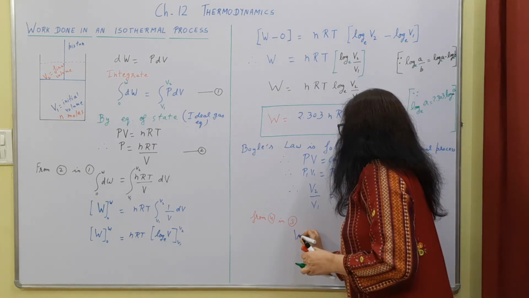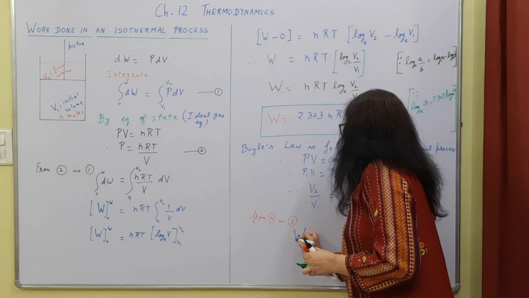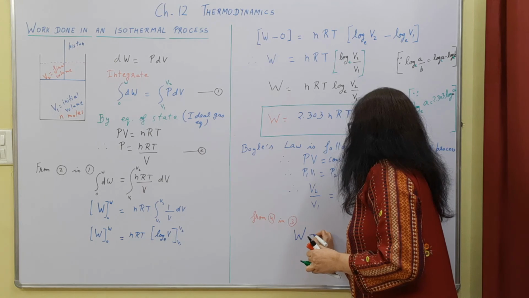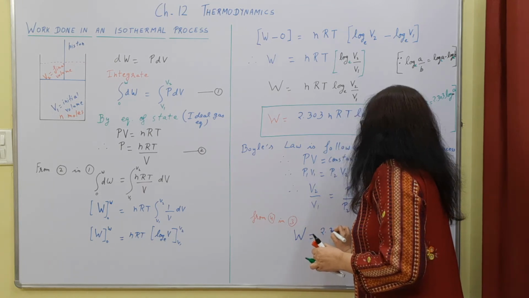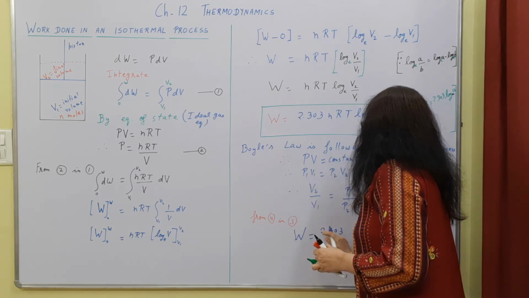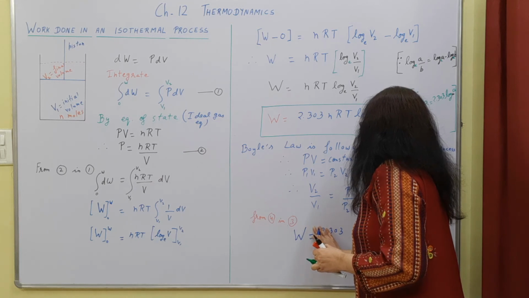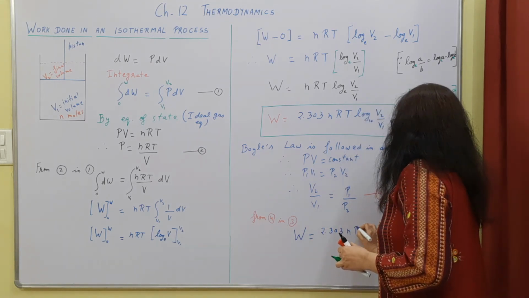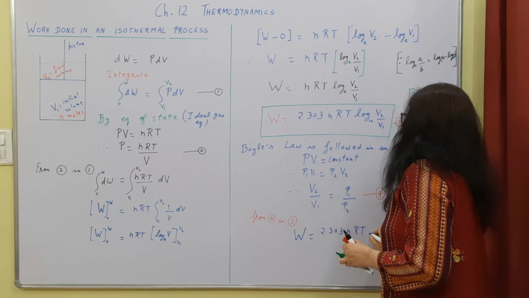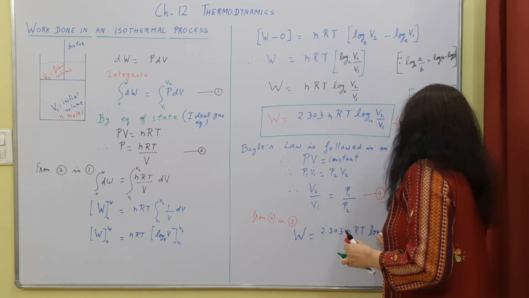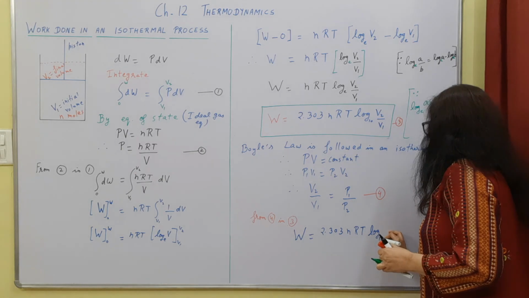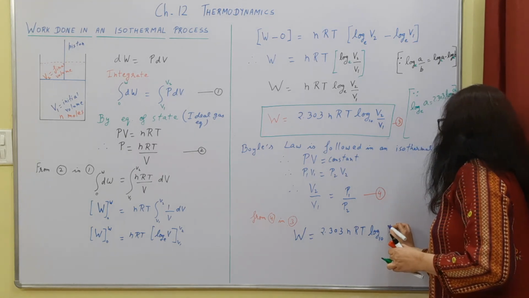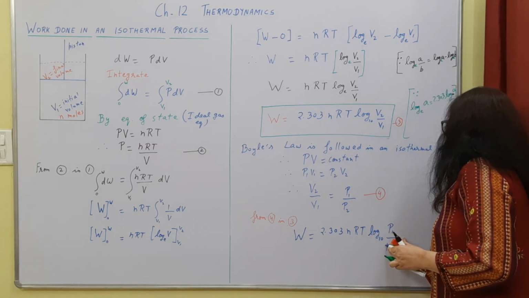work done in an isothermal process is 2.303 nRT log base 10 P1 upon P2.